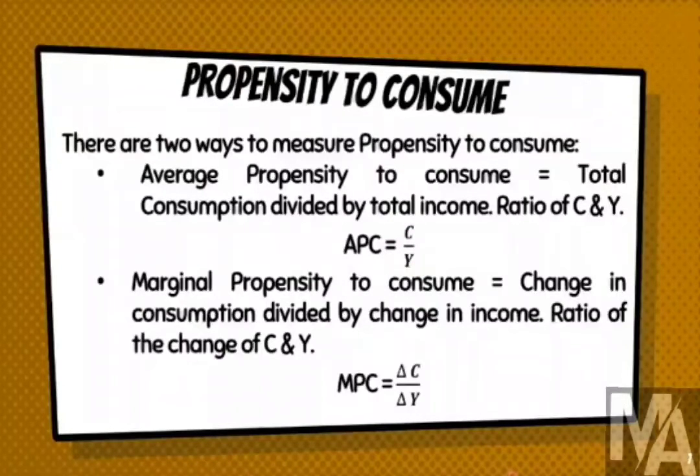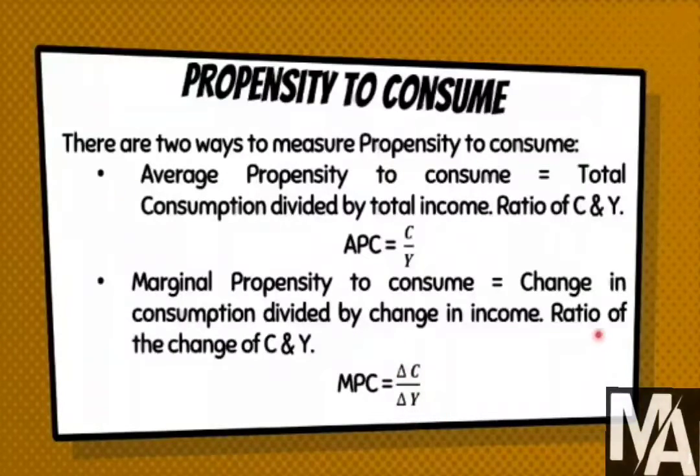Marginal propensity to consume is another way of measuring the additional change in income and the additional change in consumption. So MPC, or marginal propensity to consume, is nothing but the change in consumption divided by the change in income. You should remember here that we are only dealing with the additional units, and therefore this change is denoted by the Greek letter delta.